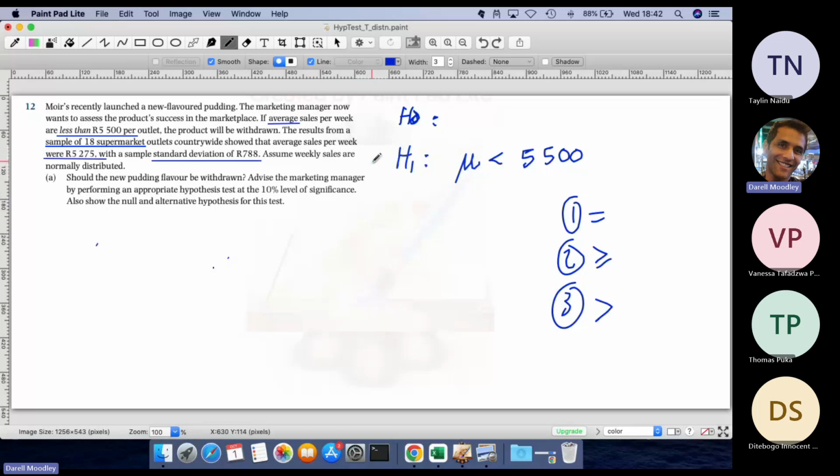You need to put that in the chat. You need to make an attempt. I need to make sure that you're understanding this. Doesn't matter if you get it wrong. If you get it wrong, this is actually the time to get it wrong, so you can understand it. I'm asking you for the sign that I put here for H1, the less than 5,500. Of these three options, which sign is the opposite of less than? We actually did this in Learning Unit 6 when we were working with the Poisson and binomial distribution.